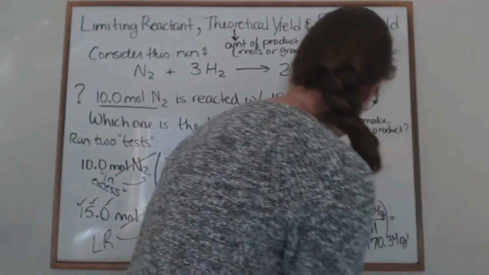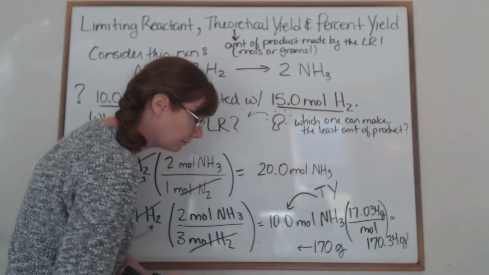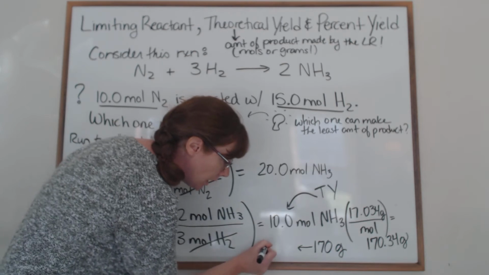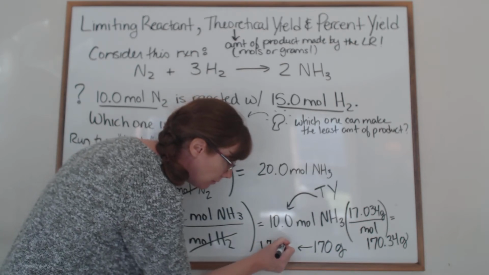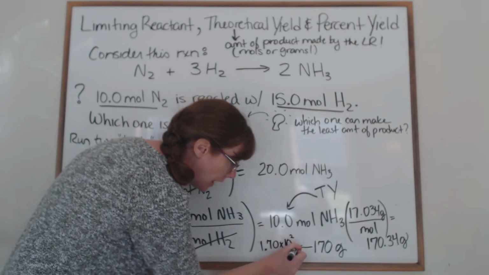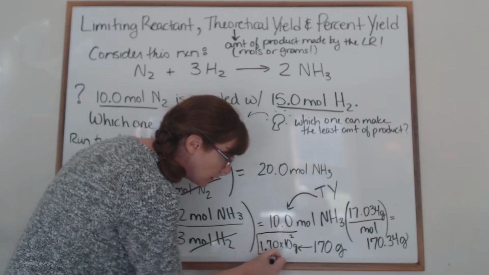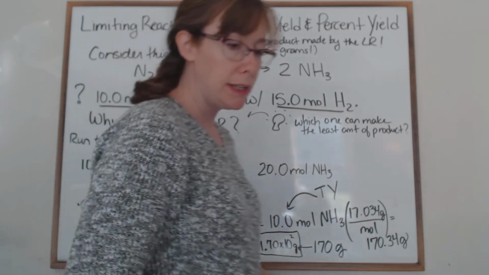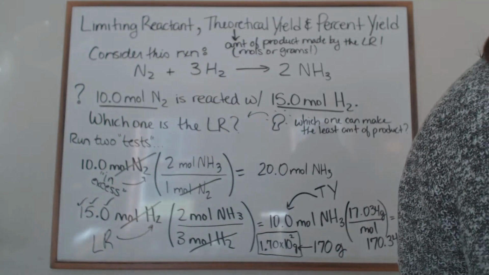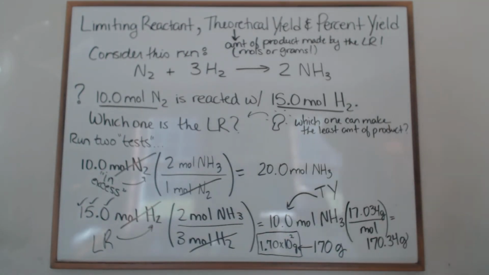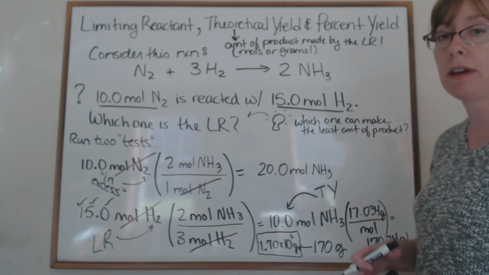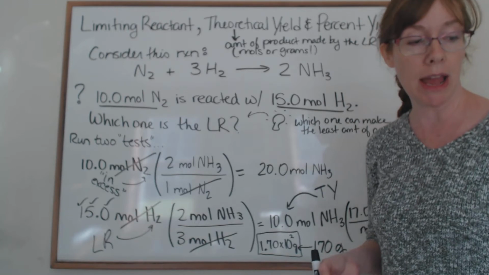To put it in scientific notation, which forces a decimal point into it, and that way you have no ambiguity about your sig figs. So 1.70 times 10 to the second grams would be the right answer. That's the theoretical yield. That's how much you should get from this reaction.